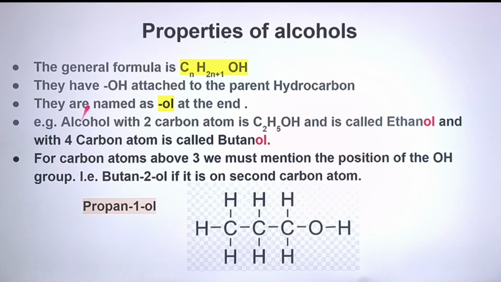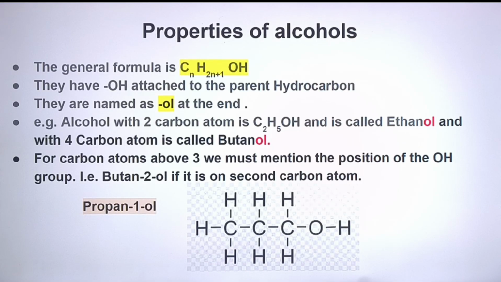Hence, in the general formula, we write CnH2n+1 and we put an OH, which signifies that it is having an OH functional group. The parent hydrocarbon has an OH attached, so the name will always begin from the parent hydrocarbon.